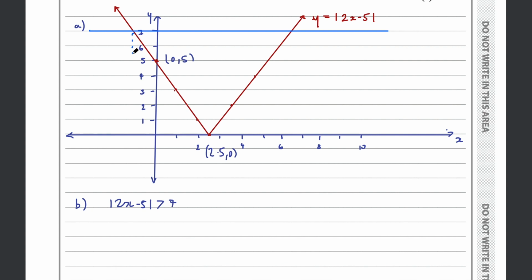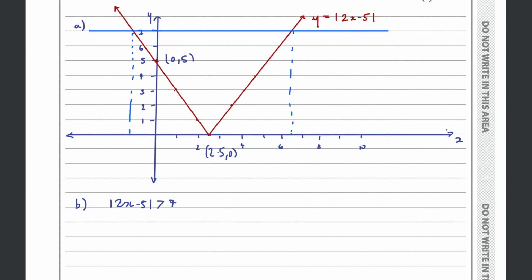If we went down to the x axis, we're looking for the x values where this graph becomes greater than 7. So you can see at this x value, this graph is now greater than 7, and at this x value, less than that, the graph is greater than 7. So we're looking for those 2 points.